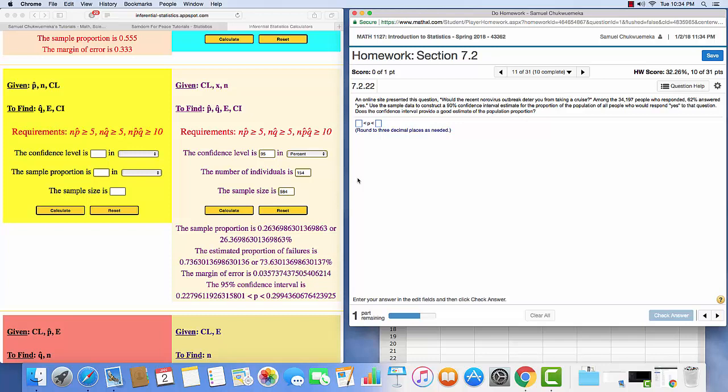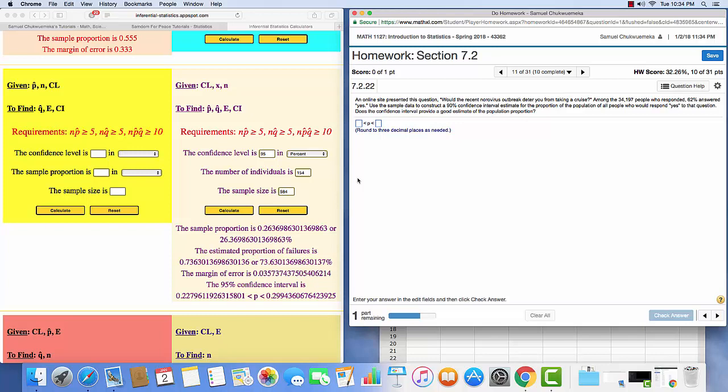Question 11. An online site presented this question: Would the recent norovirus outbreak deter you from taking a cruise? Among the 34,197 people who responded, 62% answered yes.